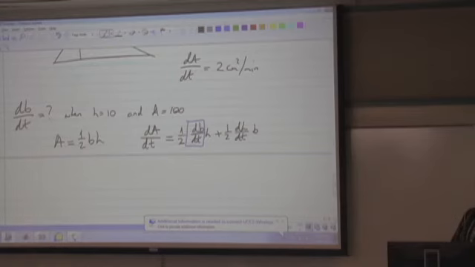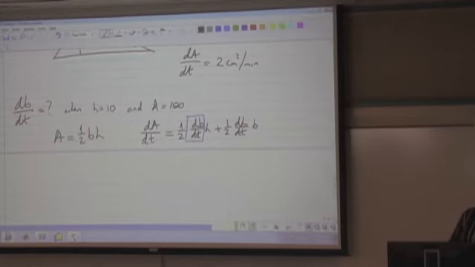Plug in. Okay. dA over dt is 2, equal to 1/2 db over dt times 10 plus 1/2 times 1 times, and now what is b? We know 100 is equal to 1/2 times 10 times b, so b is equal to 20.